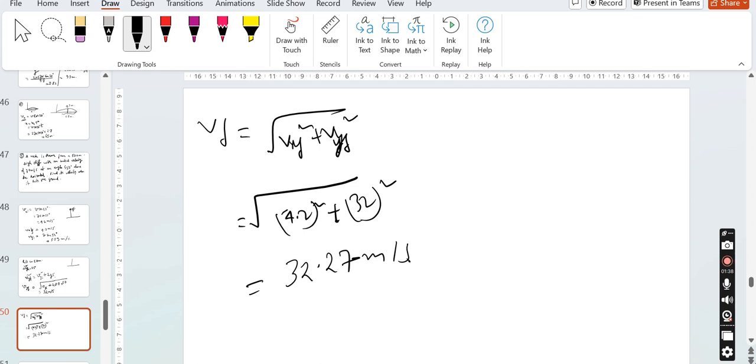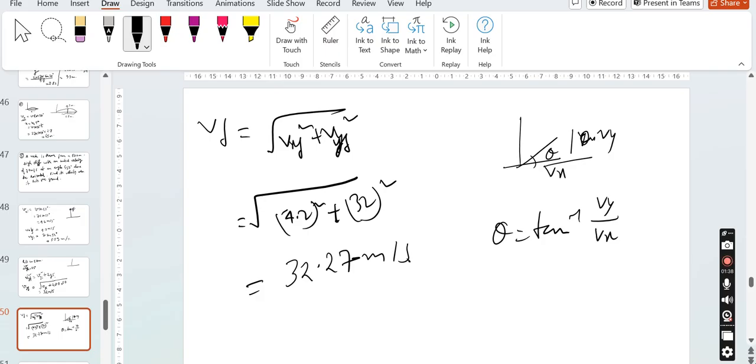And we also need the direction. The direction theta will be tan inverse vy by vx, that is almost 82 degrees from the horizontal.